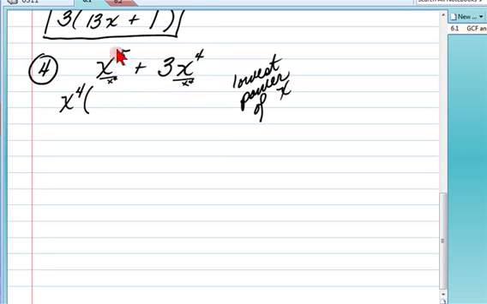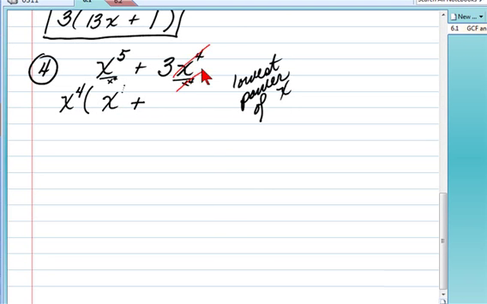Because the quotient rule says if you have division, a quotient of like bases, then you subtract the exponents. So it's 5 minus 4, which is x to the implied first power. You notice that I kind of put a little dotted 1 because you really wouldn't write that 1. Plus, what happens in the next term?